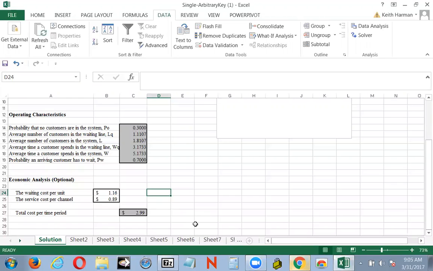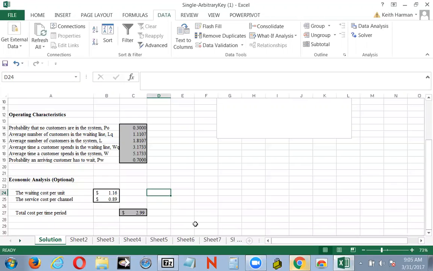And notice that as the waiting cost drops, service cost goes up, so you have a trade-off and the need to balance those two off. This is a lot like an inventory problem, where you try to balance the cost of an order versus holding costs.